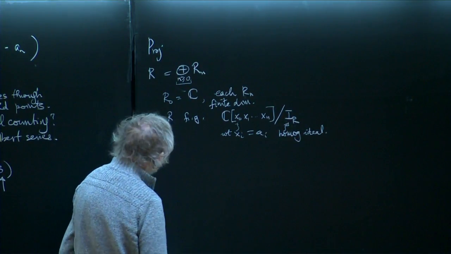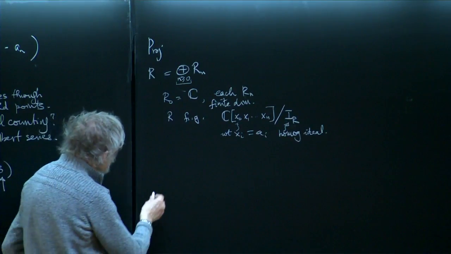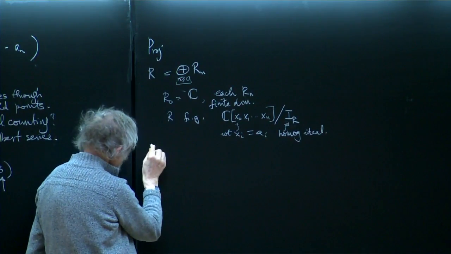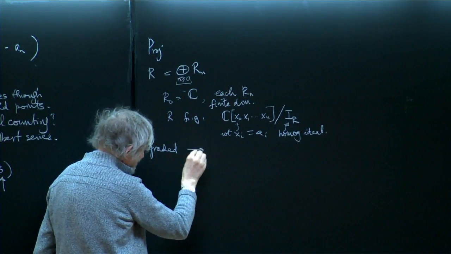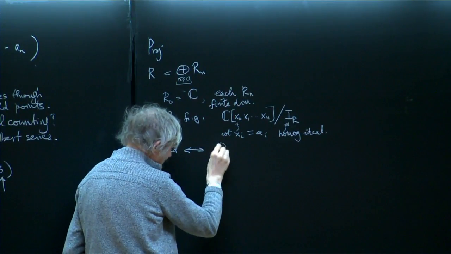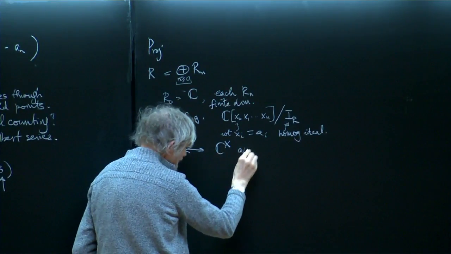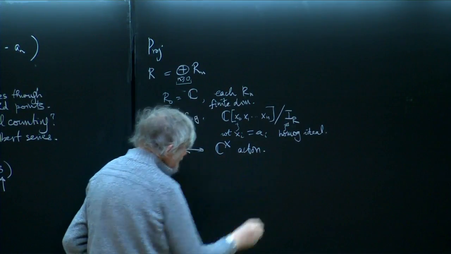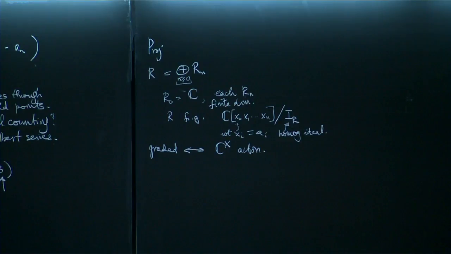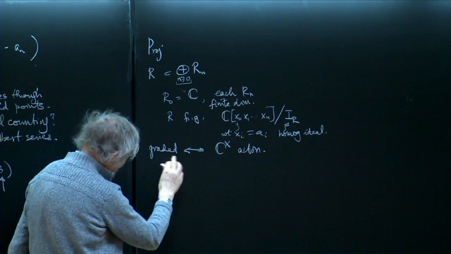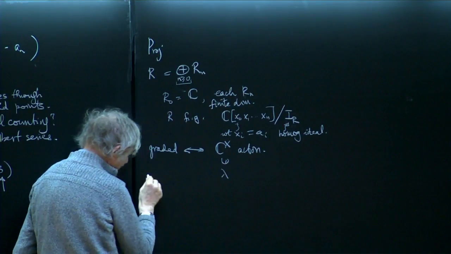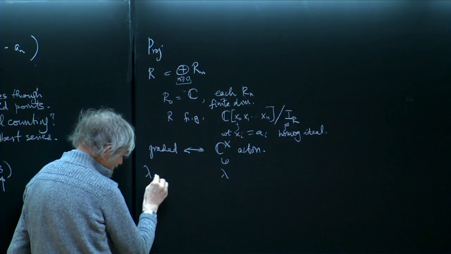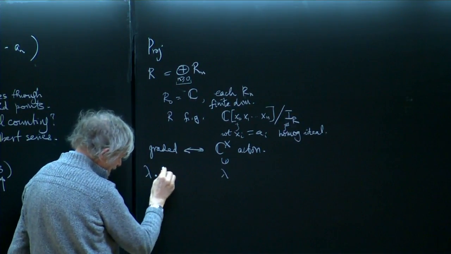The thing to notice is that graded is the same thing as a C star action. If the ring is graded, then I take lambda in C star and make lambda act on Rn.